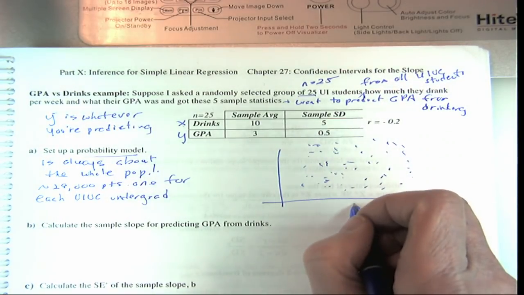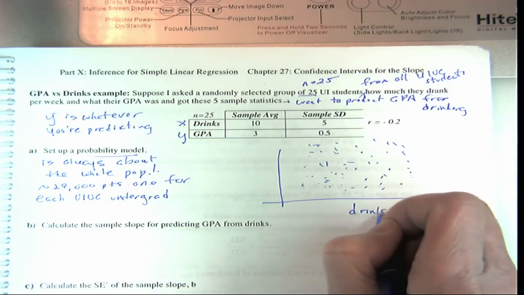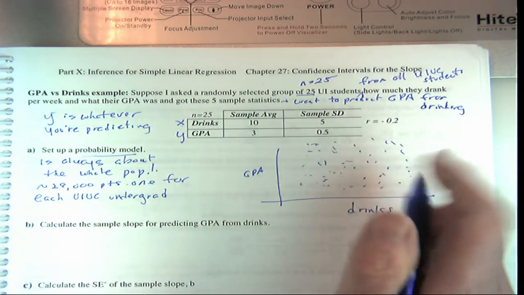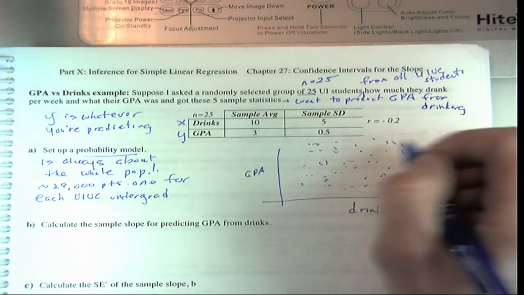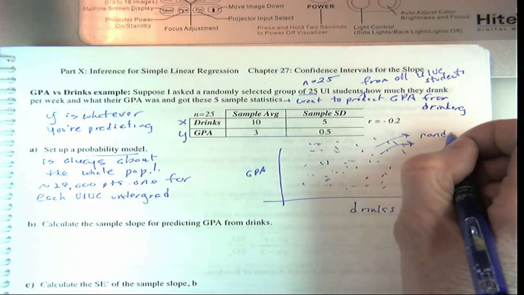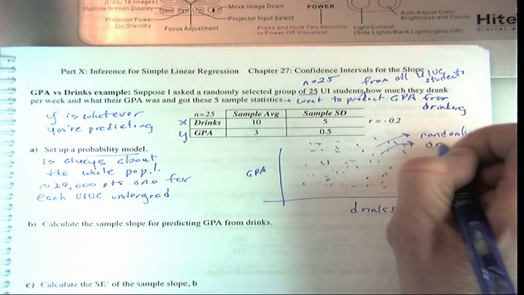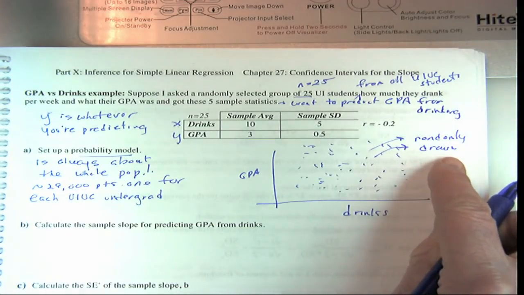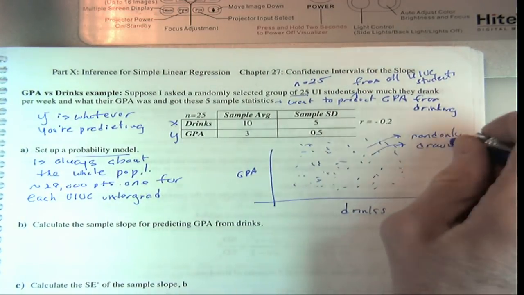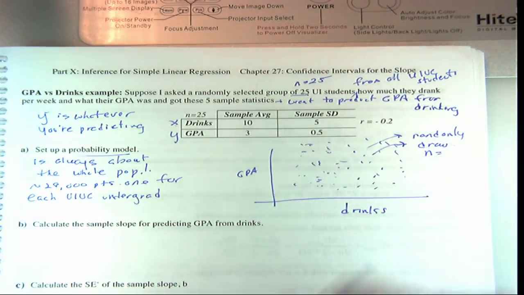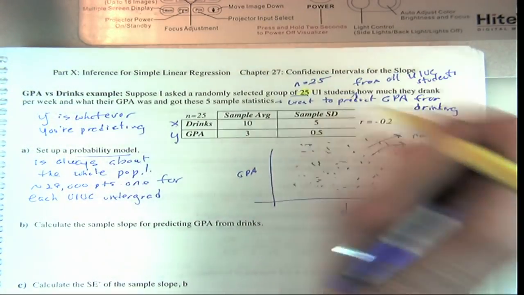So what is here? This is drinks, and this is GPA, and we want to see if it's negative inside here. So we randomly draw, n equals how many? 25.